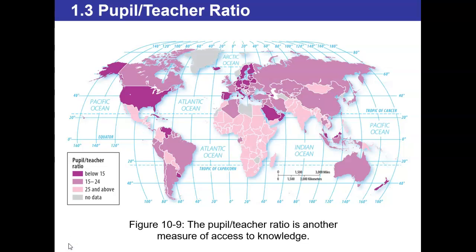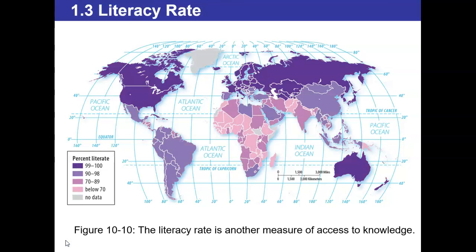This map will give you a stronger sense of what regions of the world have greater access to education. Literacy rates are another measure of access to knowledge. In this map, figure 10-10, located on page 355 of your textbook, the darkest purple shows the areas with the highest literacy rates, again coinciding with your more developed countries compared to your less developed countries.